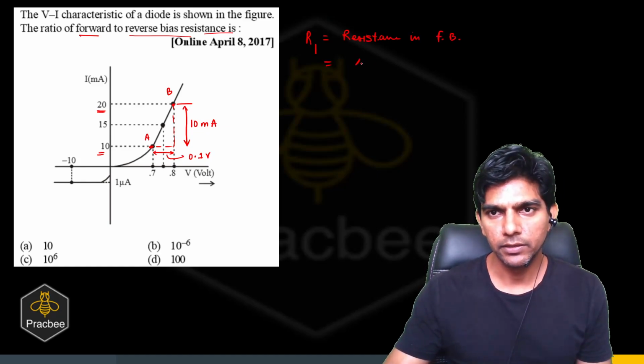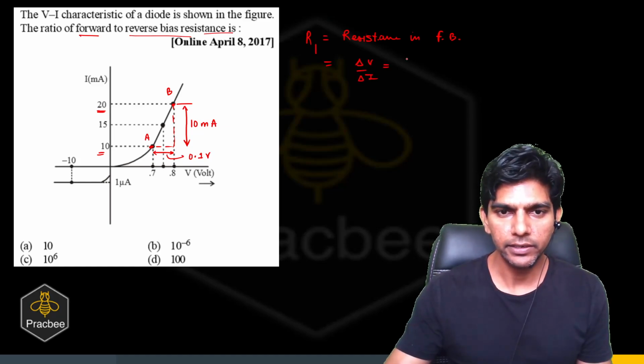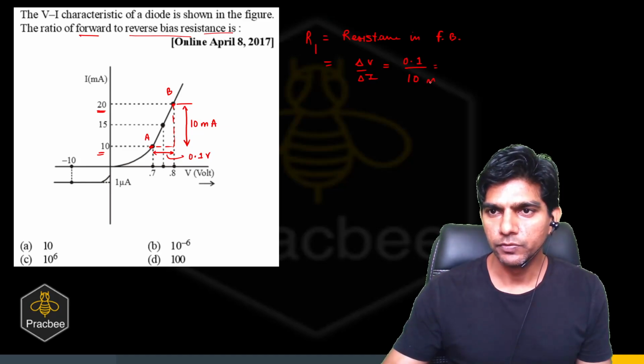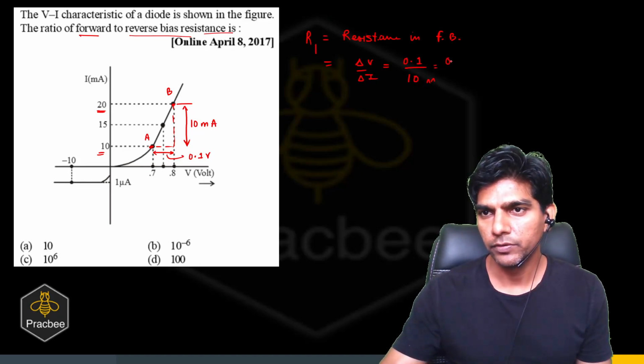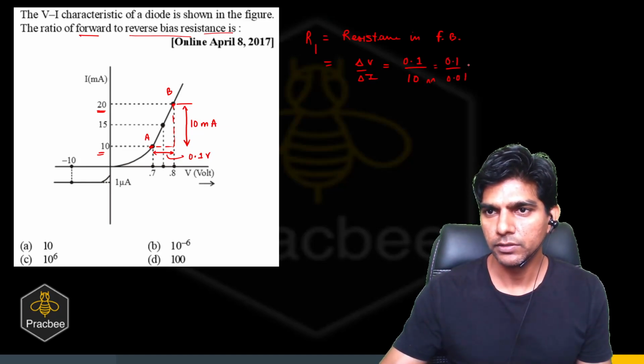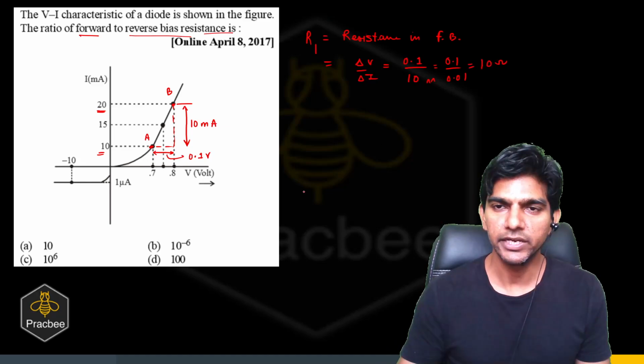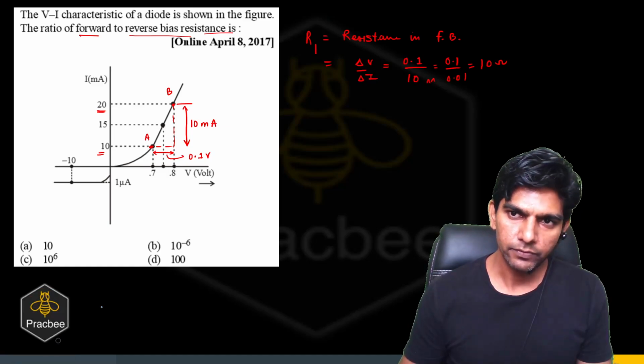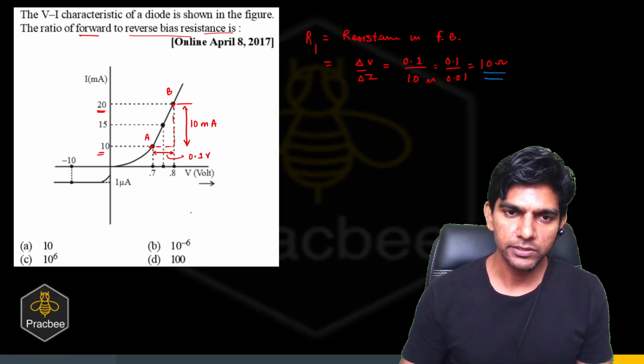That will be delta V upon delta I, where delta V is 0.1 and delta I is 10 milliampere. So this comes out to be how much? 0.1 divided by 0.01, so it will be 10 ohms, right? So in the forward biased mode, we have 10 ohms resistance.